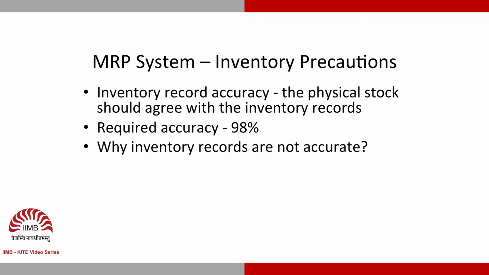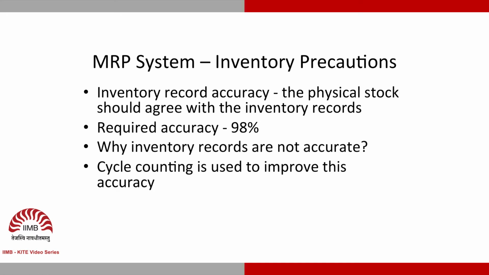But here we are going to give you a couple of ideas as to how to deal with or manage this inventory record accuracy. One such method commonly used is what is known as cycle counting. In cycle counting, what we do is take a randomly chosen set of our inventory items.